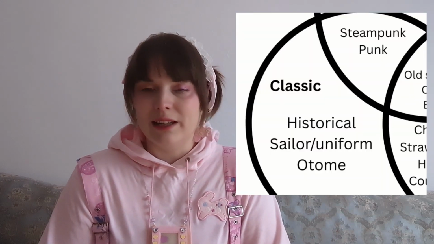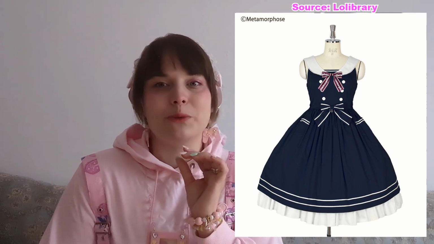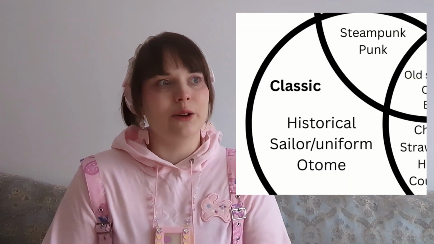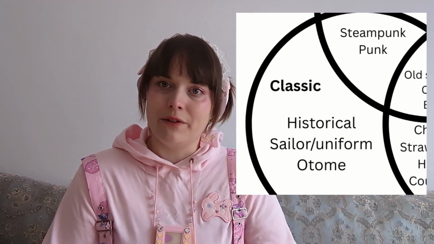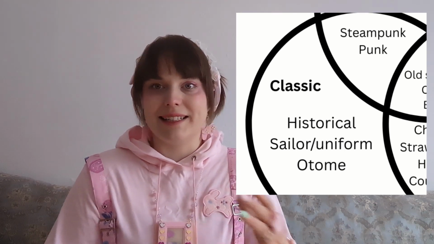The third main substyle is classic, which includes historical Lolita. I also put sailor slash uniform here because it's kind of its own substyle in a way. Usually a sailor outfit is inspired by the past, or by the classic sailor uniform. Otome is vintage inspired Lolita, so it doesn't go as far as historical Lolita goes.